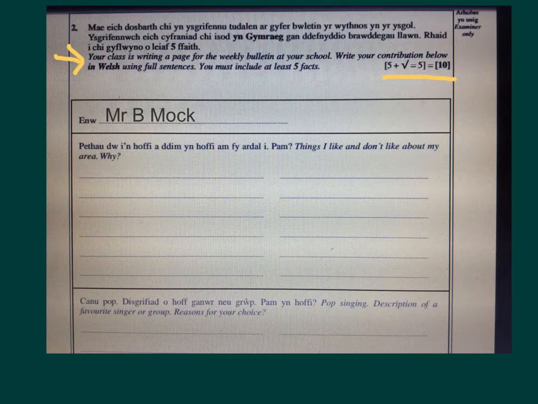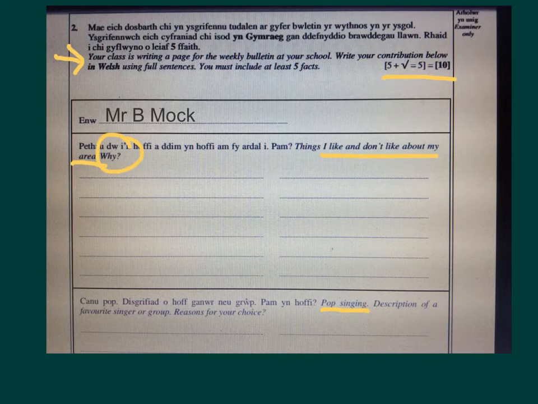Next, we need to take a note of the topics that we can write about. In the first box, you can see clearly that we have the area, and in the second box, we have pop singing. It also says that we need to talk about the things that we like and don't like, and give a reason why.